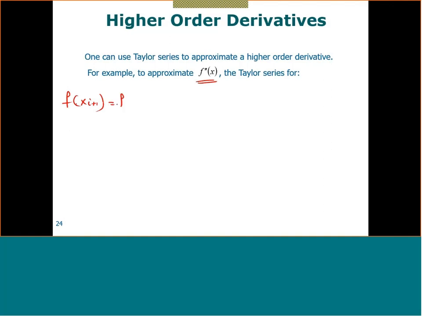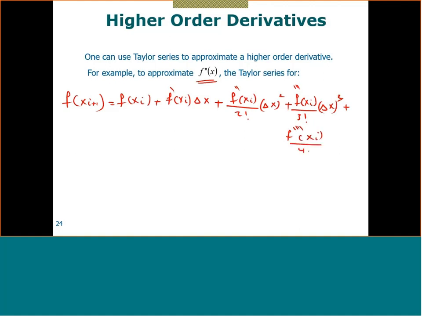Okay, so this is equal to f of x_i plus, just the same formula we had before, f prime of x_i delta x plus f double prime of x_i divided by 2 factorial delta x squared plus f triple prime of x_i divided by 3 factorial delta x cubed plus f fourth derivative of x_i divided by 4 factorial delta x to the power of 4.